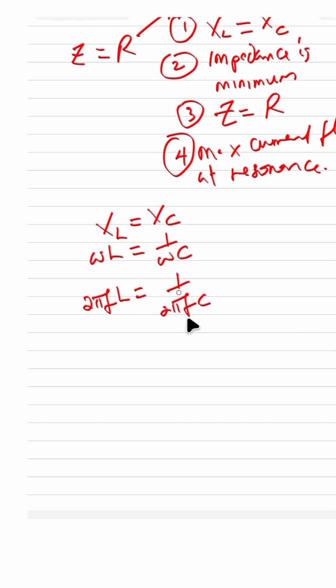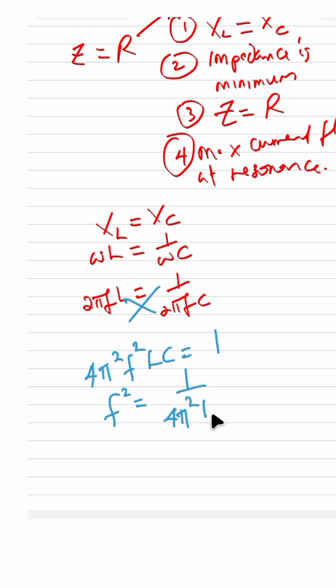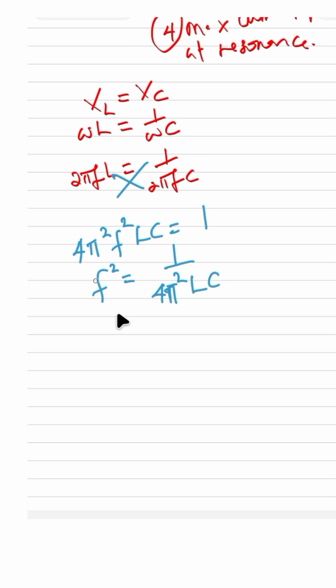Cross multiplying, 2 times 2 gives 4 pi squared F squared LC, equal to 1. I want to make F the subject of the formula, so F squared is equal to 1 over 4 pi squared LC.